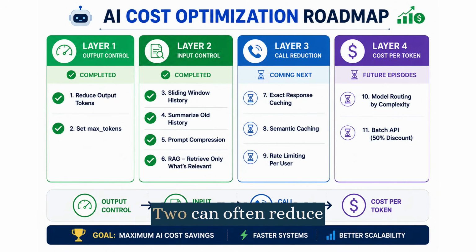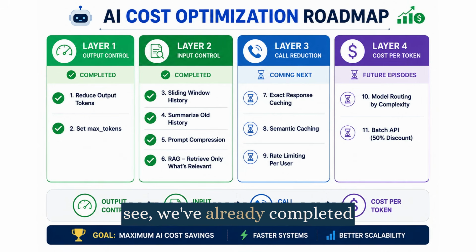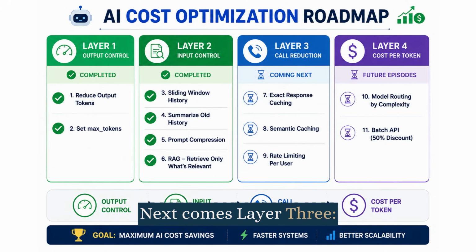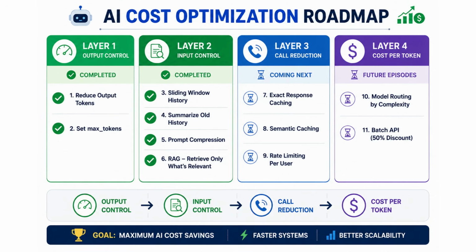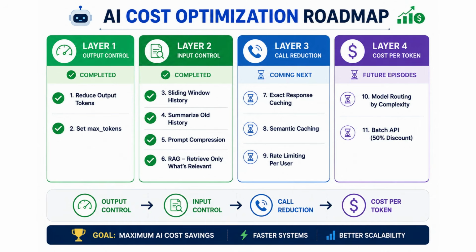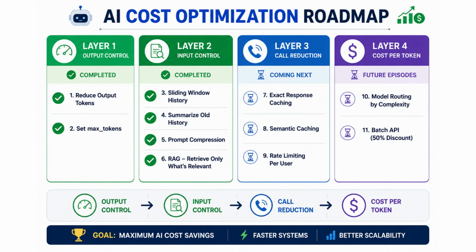Together, layers 1 and 2 can often reduce token usage by more than 90%. And as you can see, we've already completed both of these layers. Next comes layer 3, call reduction. At this point, we're no longer optimizing individual requests. We're reducing the number of requests sent to the LLM in the first place.